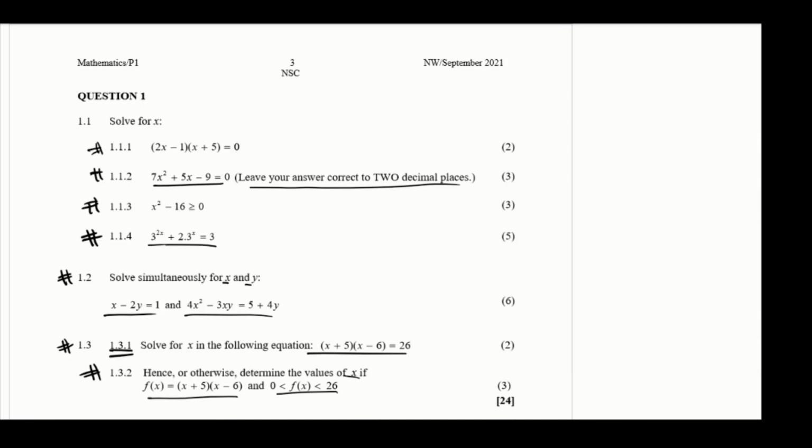Remember that in the first problem, f of x was equal to 26, and we found the solutions of x when f of x was equal to 26. Now we're going to equate f of x to 0 so that we find the solutions of x, and then we determine the solutions of x that lie between those.